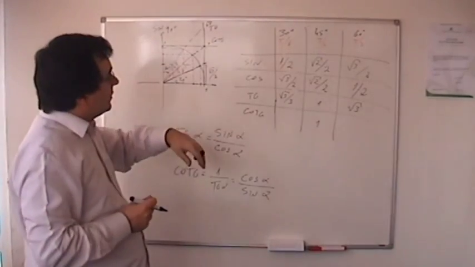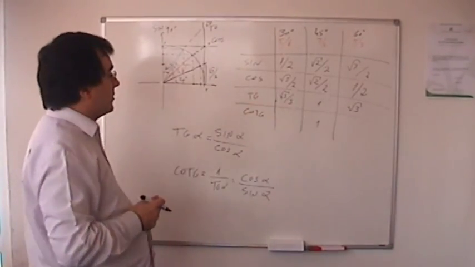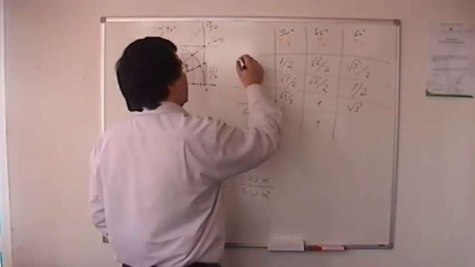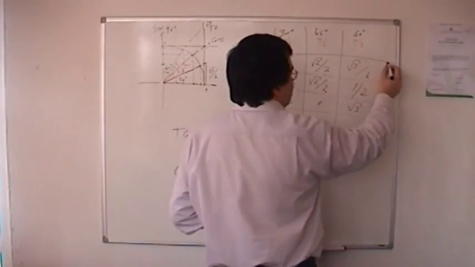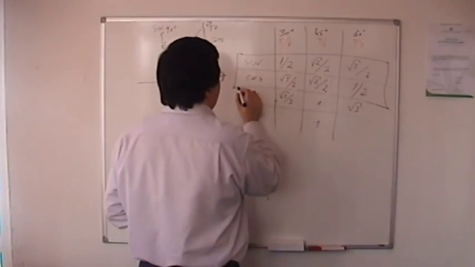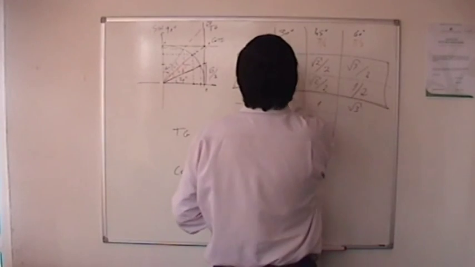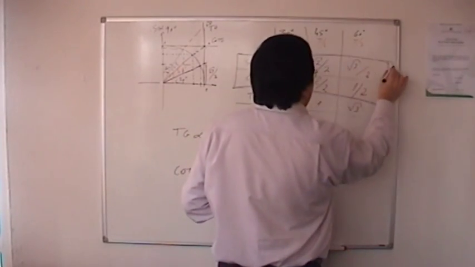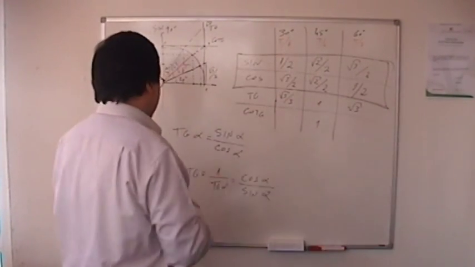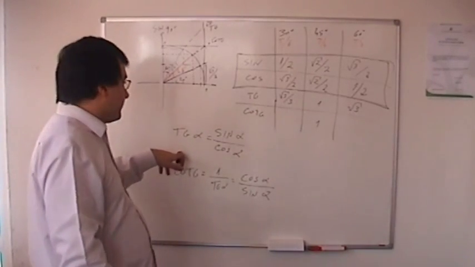Now, if you don't want to memorize all these values, and if you just want to focus on values of sine and cosine, that will be enough. You can get these values of tangents by using this expression here.